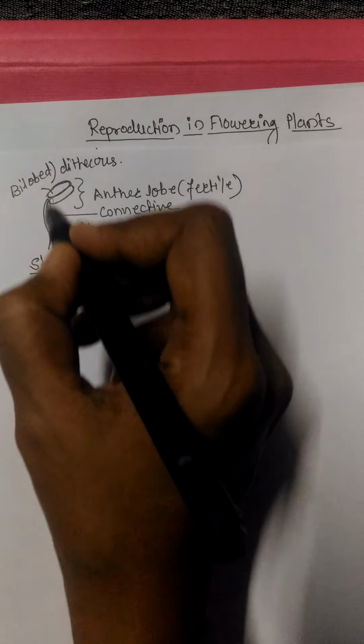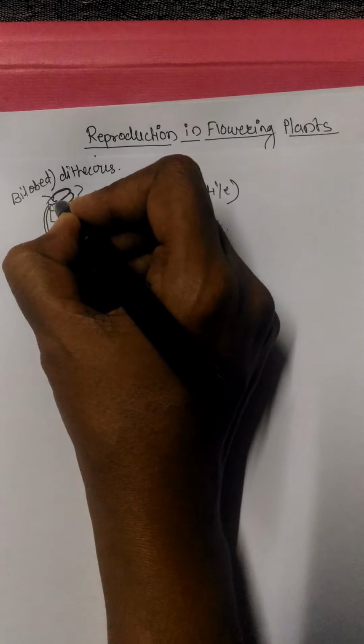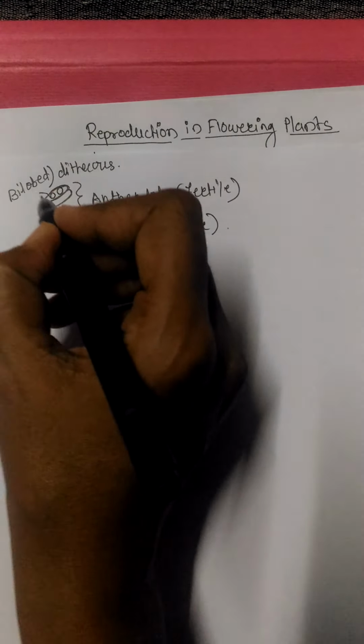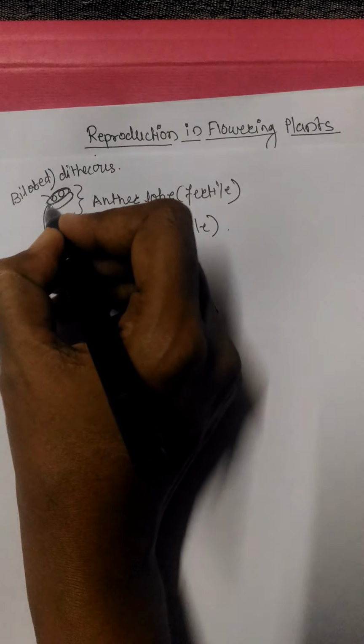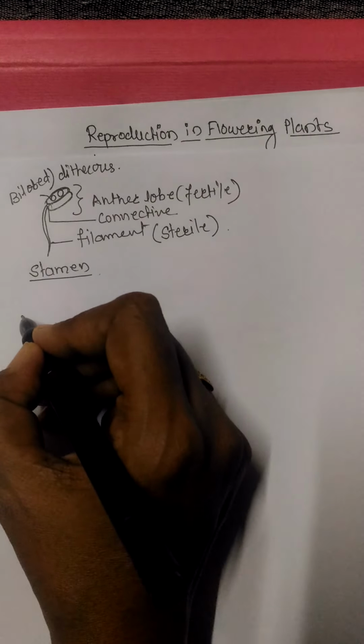Each lobe is again divided into two sacs, first, second. These sacs in each lobe are known as microsporangia.